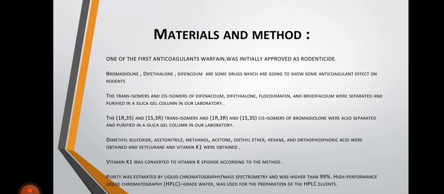We have to give these drugs to the rodents in their purest form, and the purity of the compound can easily be achieved by several techniques, for example HPLC, TLC, and many other techniques, by which we can be aware of the purity and the efficacy of that particular drug.